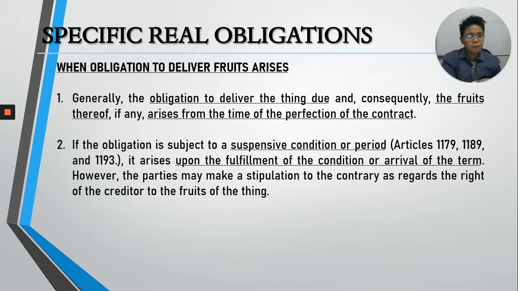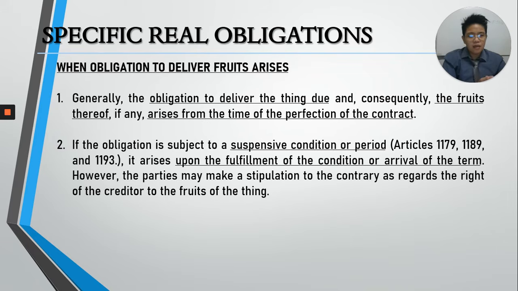Now, what else? What if the obligation is subject to a suspensive condition or period? You will only understand that when we discuss Chapter 3, the kinds of obligation. Just remember, for a suspensive condition, the condition must happen before there is an obligation. For a suspensive period, the period must arrive so that there is an obligation.